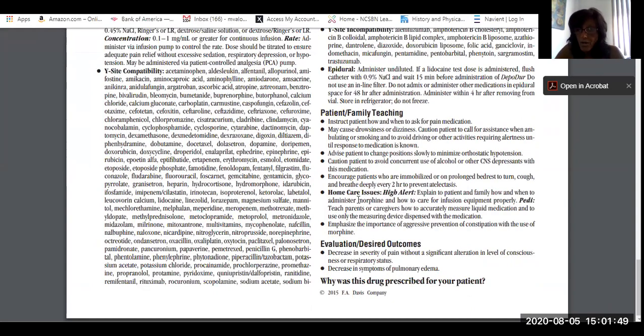These are the things that you want to teach the patient about. Emphasize aggressive prevention of constipation, because all opioids will constipate, but that's not going to kill them. You can teach them. They're talking about aggressive prevention, which would be fiber in the diet, increased fluids, and possibly a stool softener, right? So write that under patient education, the things I talk about.